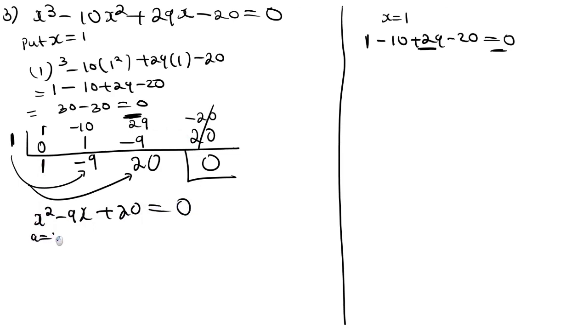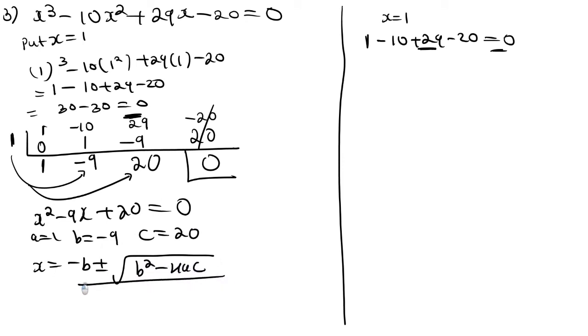a value is 1, b value is equal to minus 9, c value equal to 20. x value equal to minus b plus or minus square root of b square minus 4ac divided by 2a. So again simplify, x value is equal to minus, what is b?